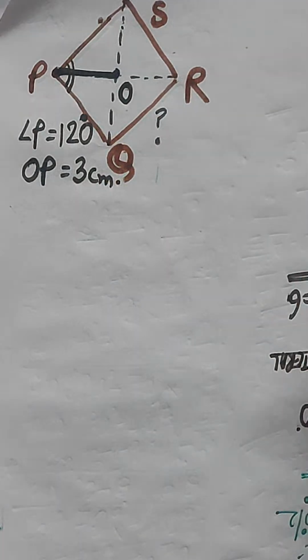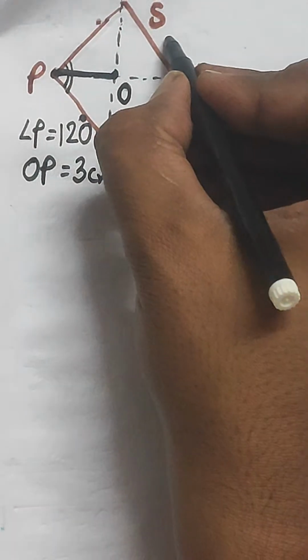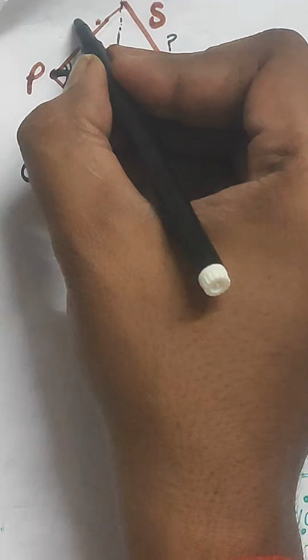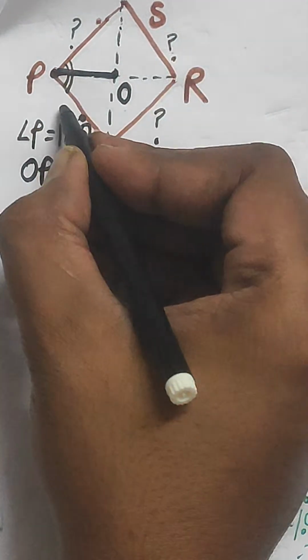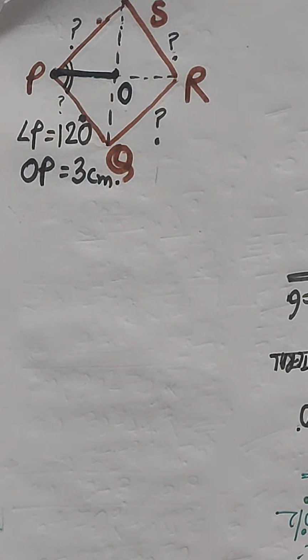What is the length of RQ? What is the length of RS? What is the length of PS? What is the length of PQ? So this is the question.